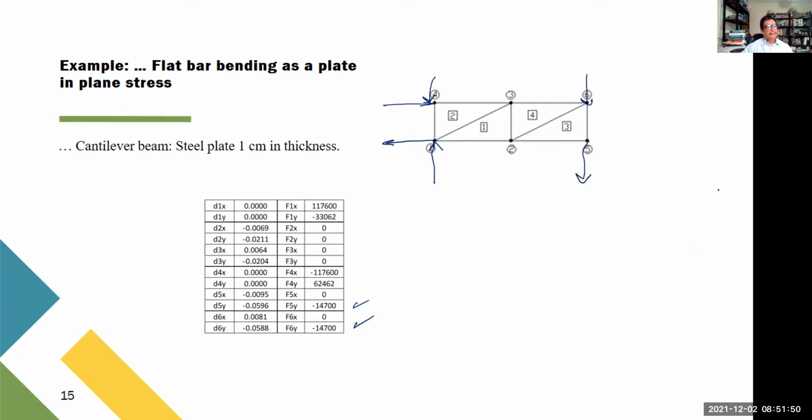This is strange. I was hoping that these two would be in the opposite direction, but anyway, we'll have to check. It's possible that I made a mistake here. I have to check. Yes?